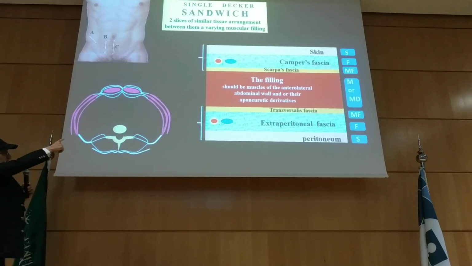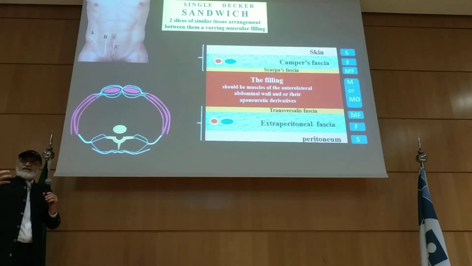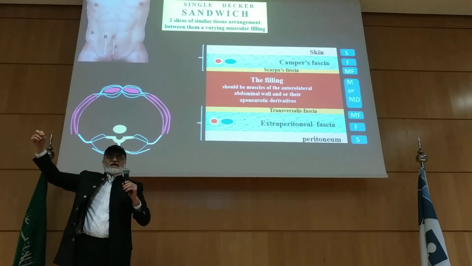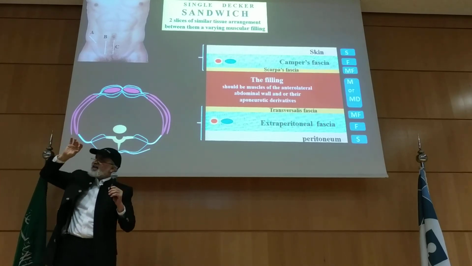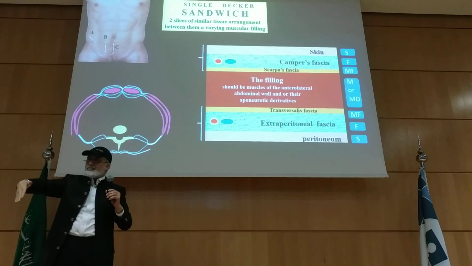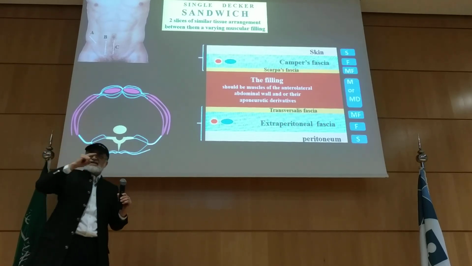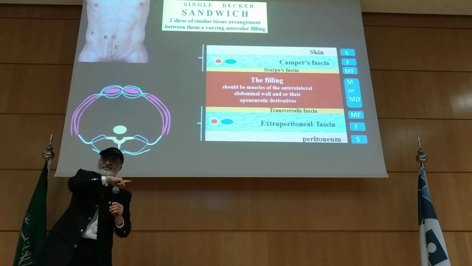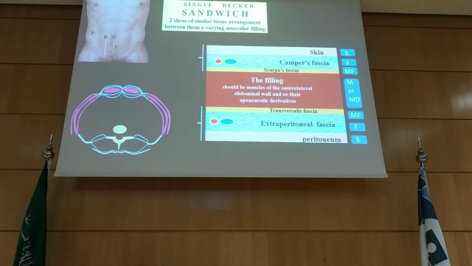Camper's fascia is a misnomer because it is cellular fat, variable in size. We can fill it with a lot of fat. If I go and eat a lot of McDonald's, this area will be a meter. This Camper's fascia is the area that differentiates between me and somebody who is thin or somebody who is very fat.